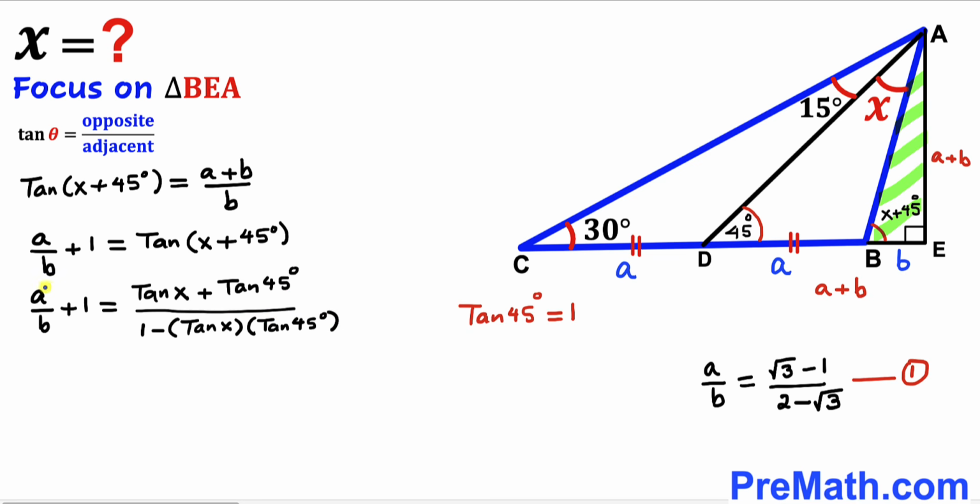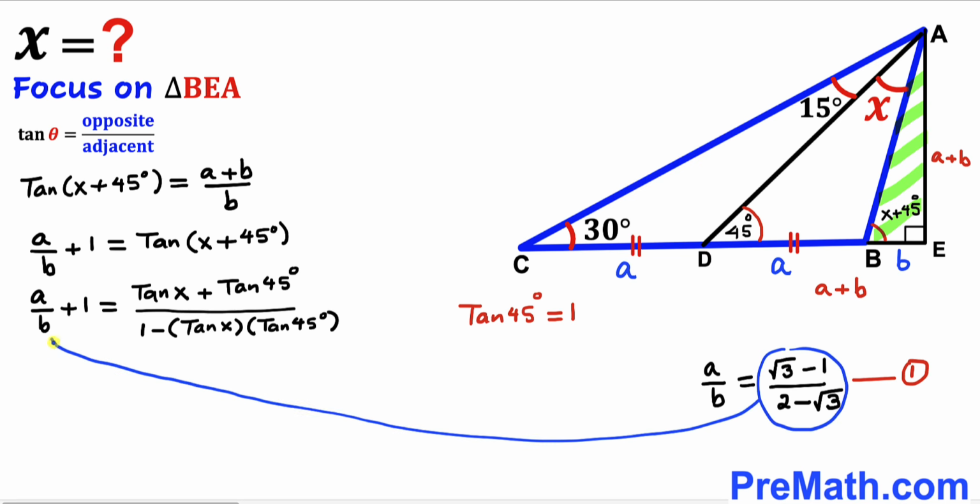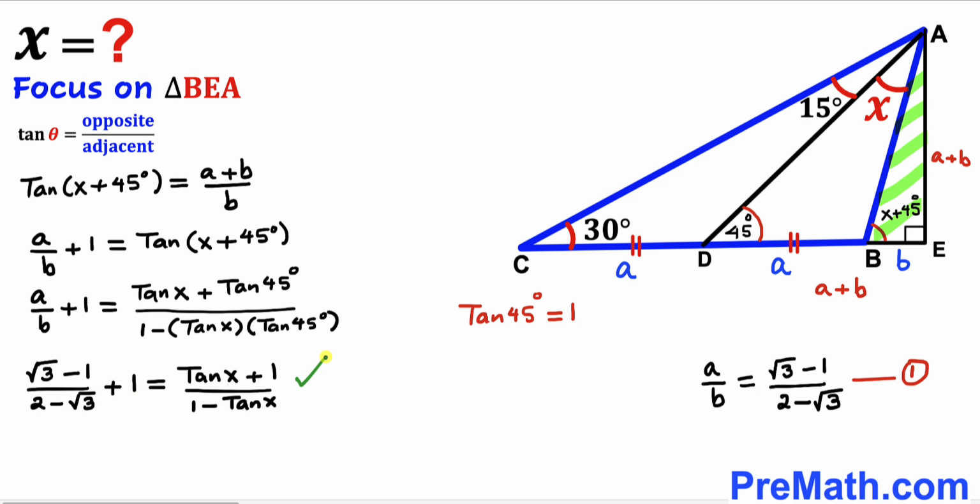And at the very same time, let's focus on this a divided by b. We know from this equation 1, a divided by b equals the square root of 3 minus 1 divided by 2 minus square root of 3. So therefore, I am going to substitute that value over here for this one, as you can see in this next step.